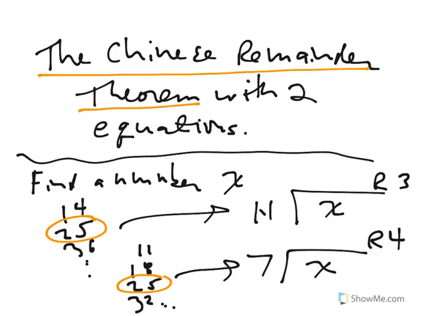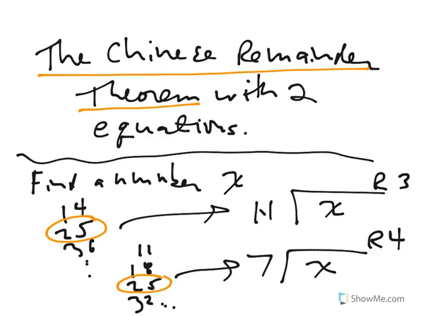Now, this trial and error approach, making a list of all the numbers that satisfy each equation, that's okay for small enough numbers and when there's only 2 equations. But sometimes there's another condition. It also leaves a remainder 1 when you divide by 19, or even more conditions. And for that we need something better than just this trial and error.